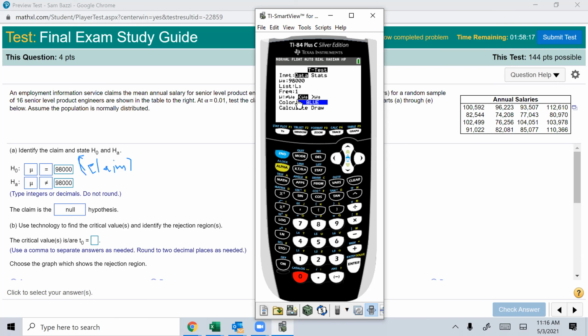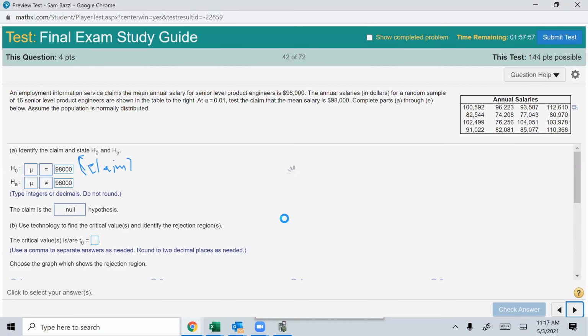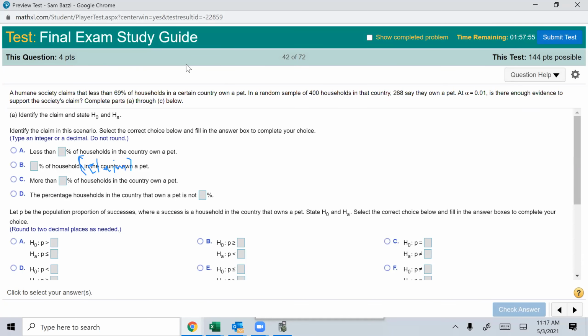And select your list, let's say you put it in L1, and then you select not equal to. Make sure to select it. Just press enter and then hit calculate. You should get the same results as I got in StatCrunch. Okay, that's clear.